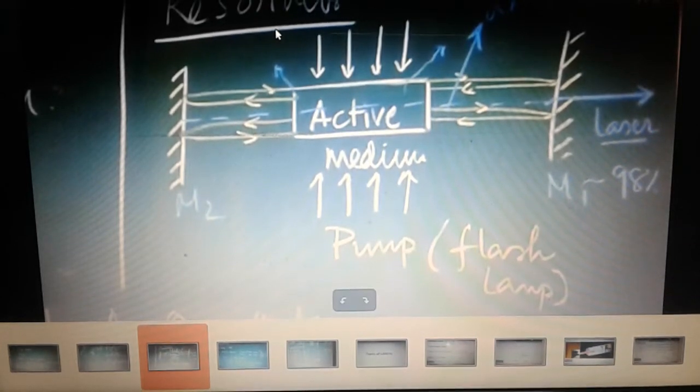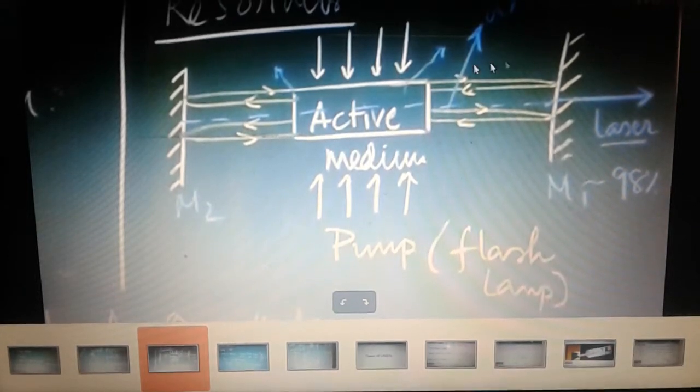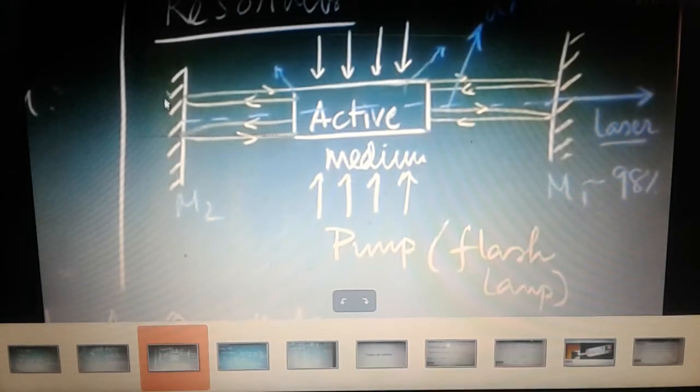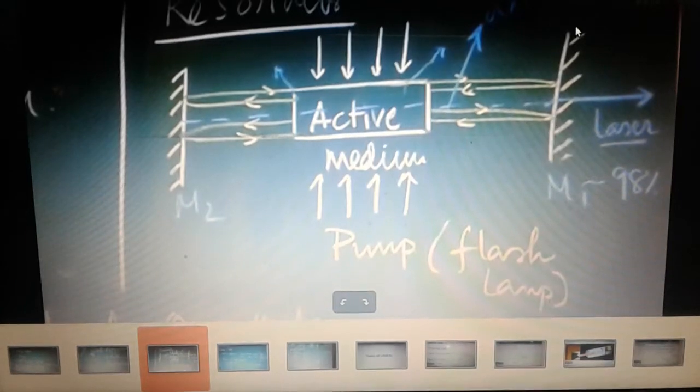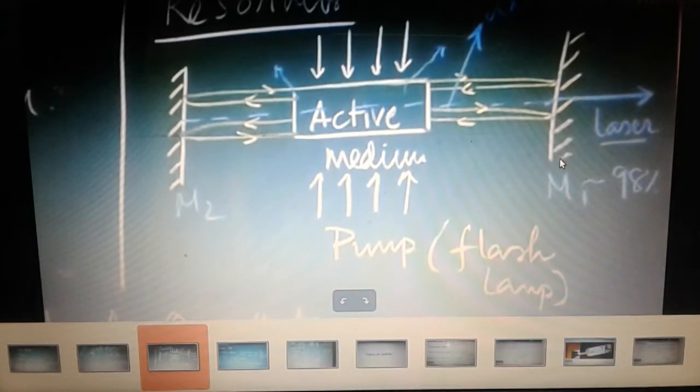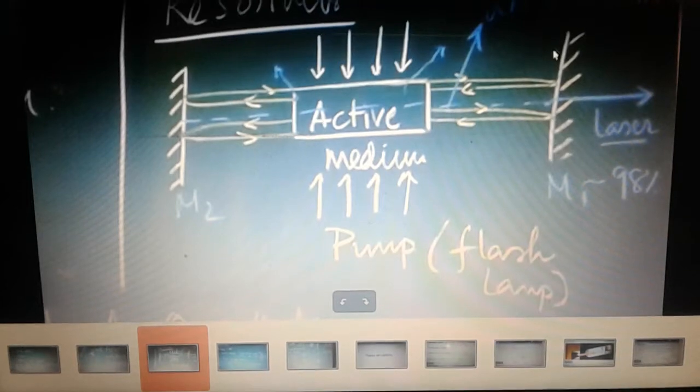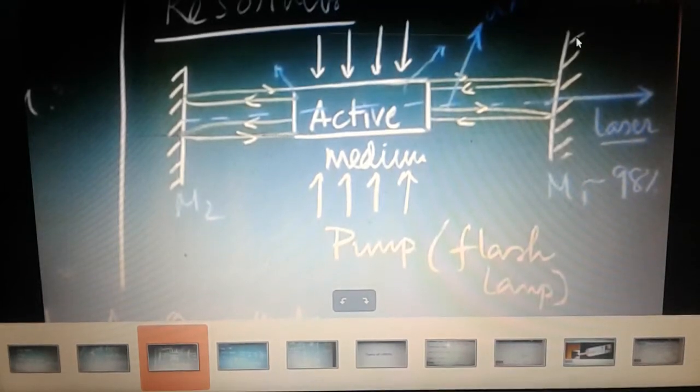How does it achieve this? You can see in this slide that there is a pair of mirrors. One is fully reflecting, M2. The mirror on the right side, M1, is partially reflecting, so a small amount of light can pass through this M1. And in between these two mirrors there are the active medium and the pumping source.